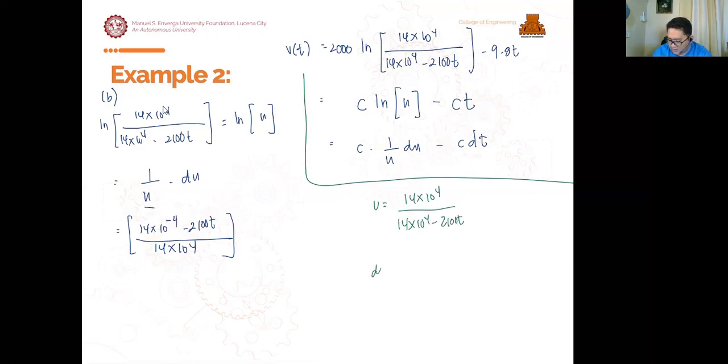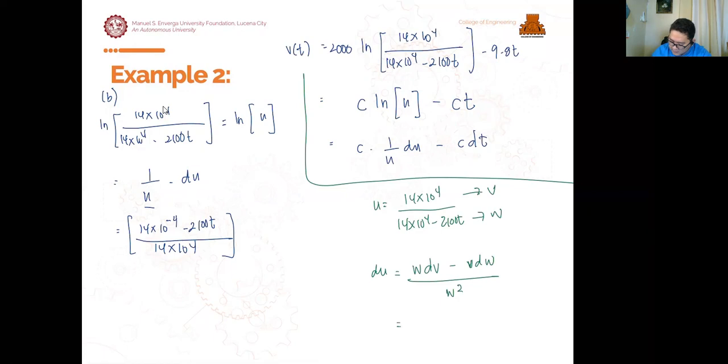Okay? So, yung du niyan is using derivative ng quotient. Okay? So, kunin natin to as v, kunin natin to as w. Yung solution natin will be w dv minus v dw all over w squared. Okay?